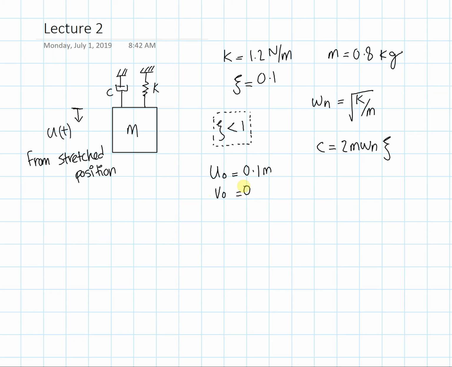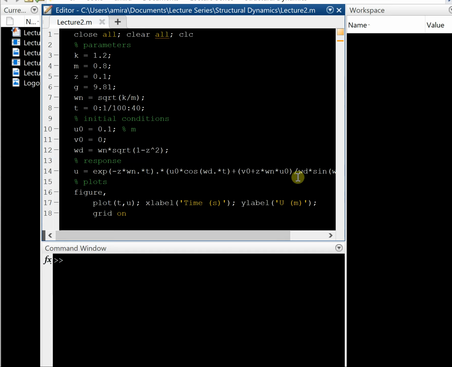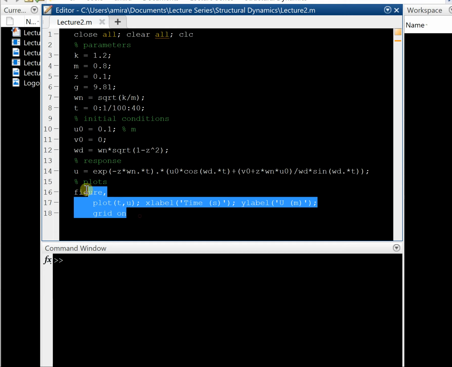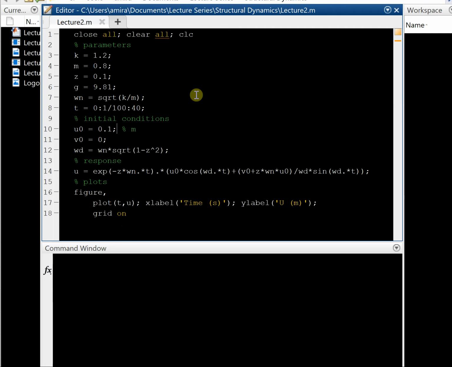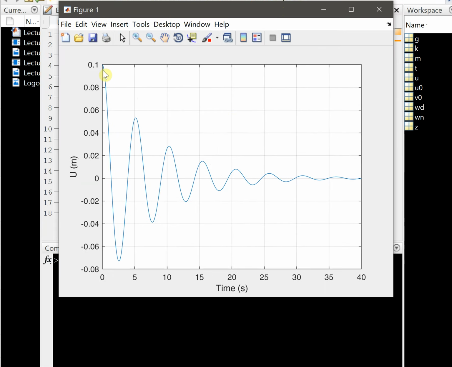You could play with that on your own. As long as we get the equation right, everything should be correct. We're looking at the response, and lastly we're plotting. So let's run this. Okay, this is what we're getting. We have our initial condition at time 0, and then we have a drop and oscillation, and then the response is damped out to a 0 position over time.